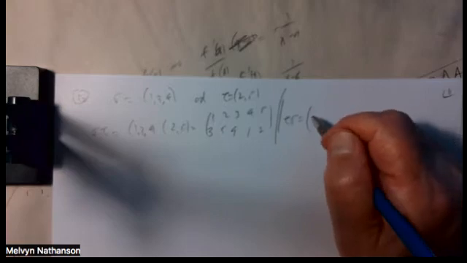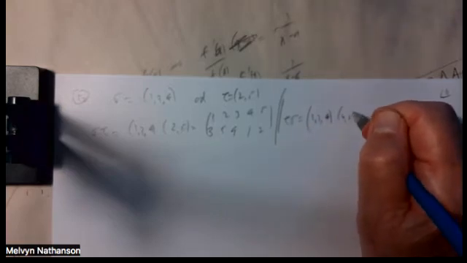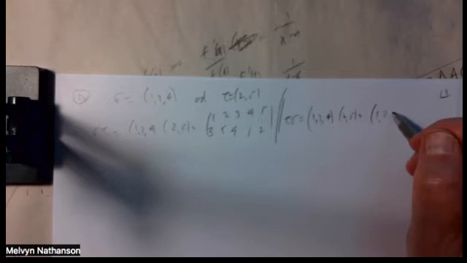And what is tau sigma? So 1 goes to 3, 3 goes to 4.